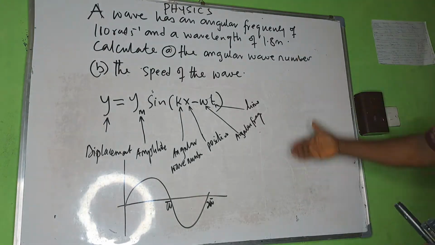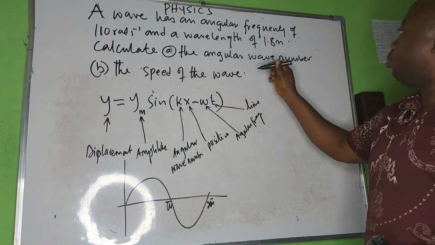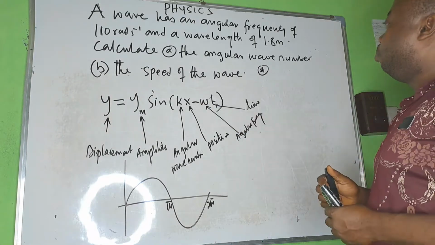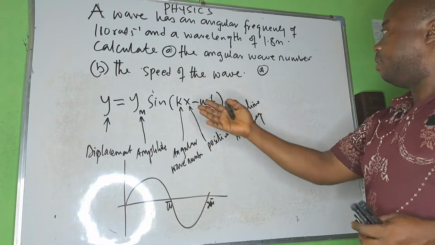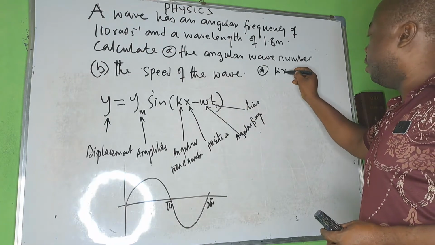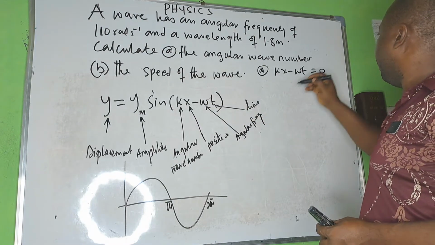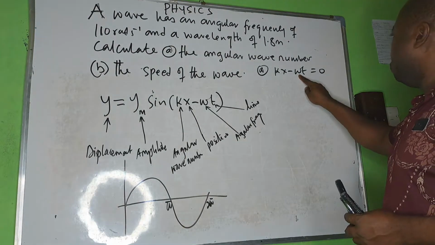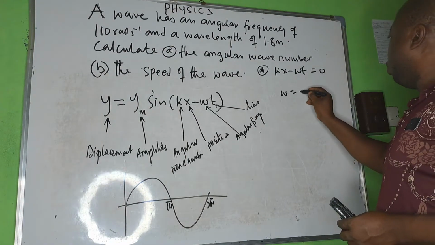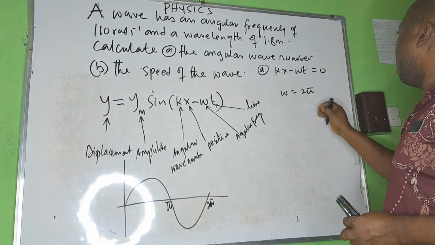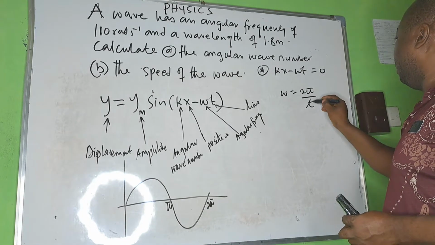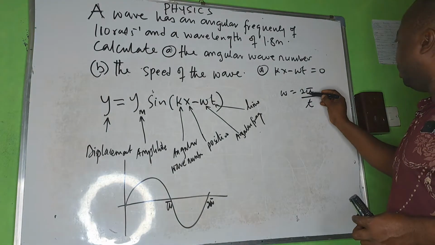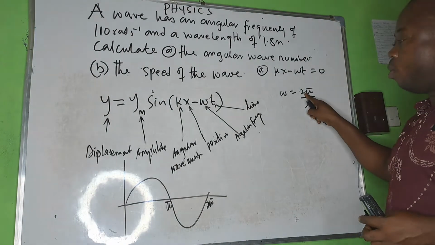Now for matter of space, we use this. Now we assume the solution to A. Let's assume that there is no phase difference. What it means is that kx minus omega t equals 0. And of course, omega is 2 pi over T. The reason is it has to be a distance in radian for one complete oscillation.